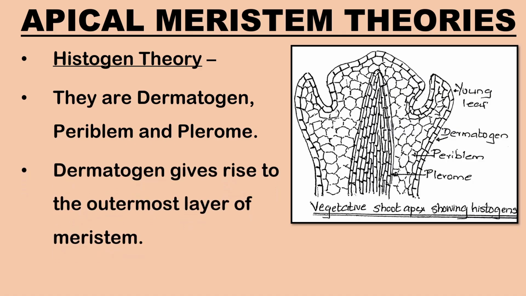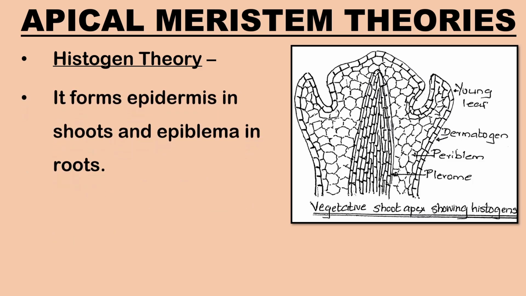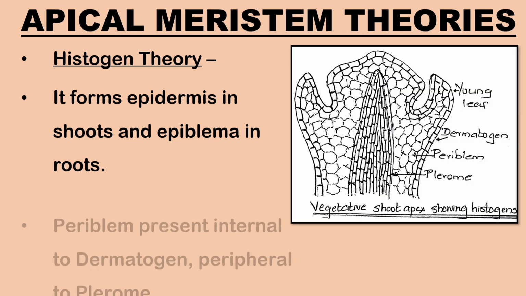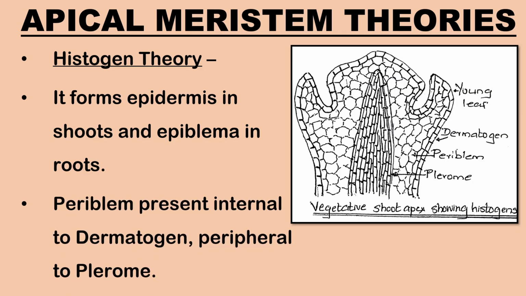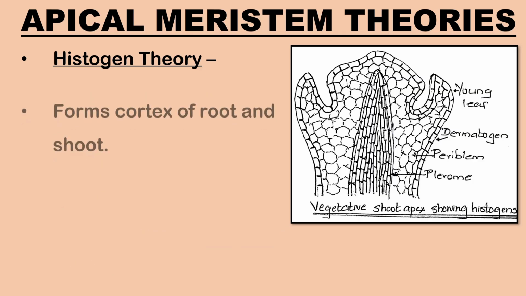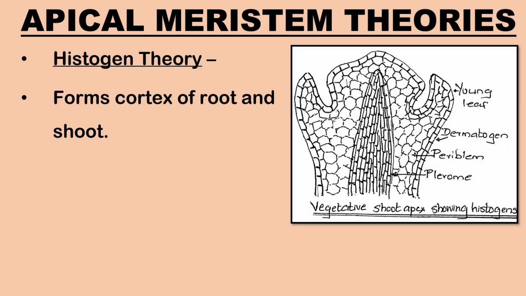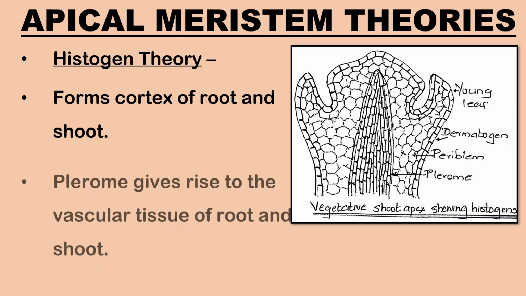Dermatogen gives rise to the outermost layer of meristem, forming the epidermis in shoots and epiblema in roots. Periblem is present internal to dermatogen and peripheral to plerome. It forms the cortex of root and shoot and inner tissues of leaves.